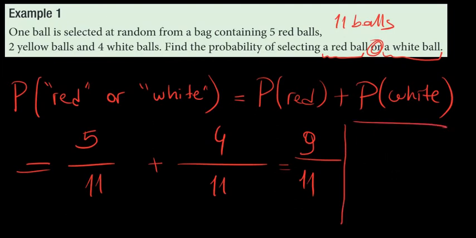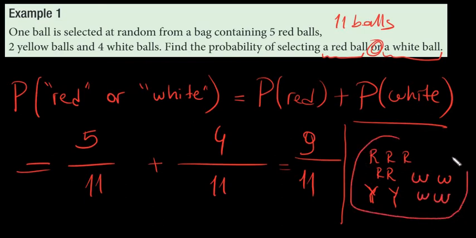So we have 5 red balls, right? These are, let's say, balls. So 2 yellow, first and second, and 4 white balls, 1, 2, 3, 4. These are, let's say, in a bag. So I want to get red or white.